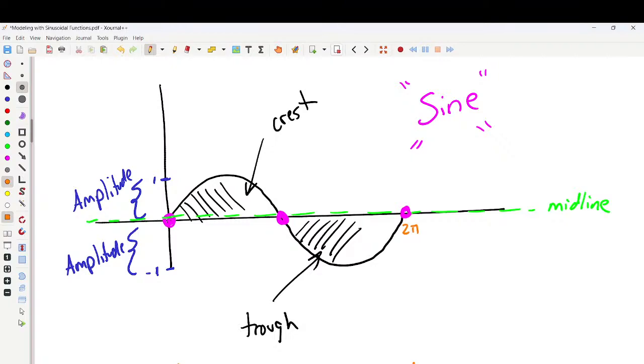Speaking of stretching or shrinking, we can do it horizontally. So this period of 2 pi can be stretched. Instead of crest, trough in a distance of 2 pi, we can make it whatever we want. Out further would be a stretch. Inwards would be a shrink. And then we could shift this graph up, down, left, and right.